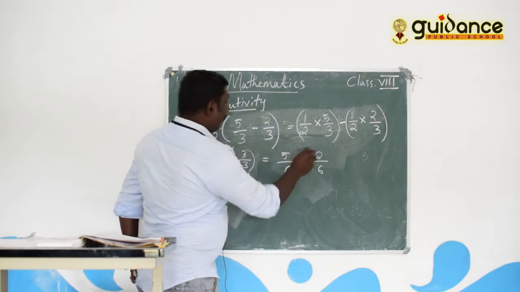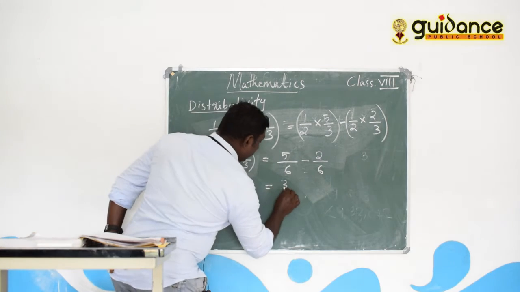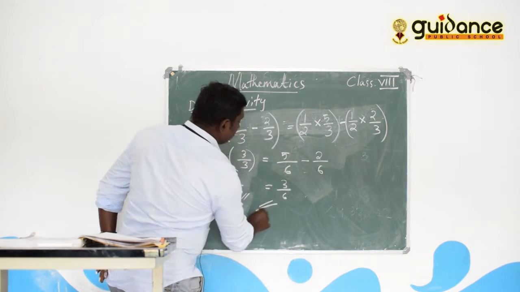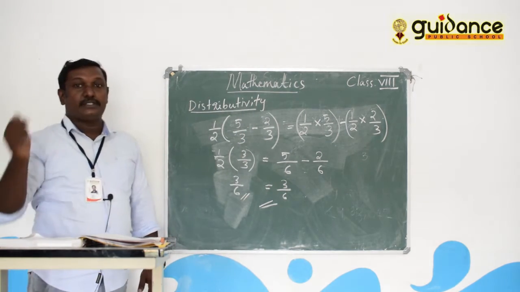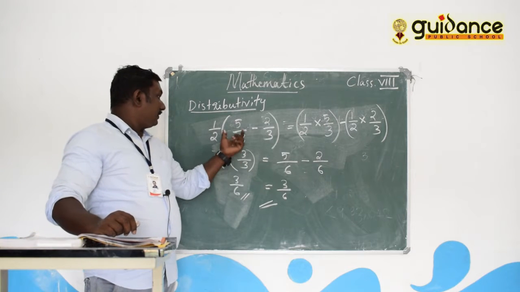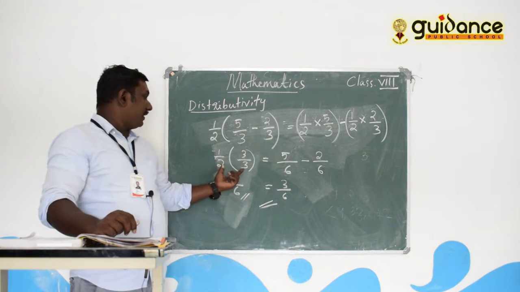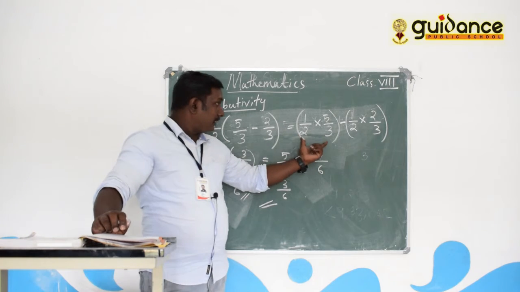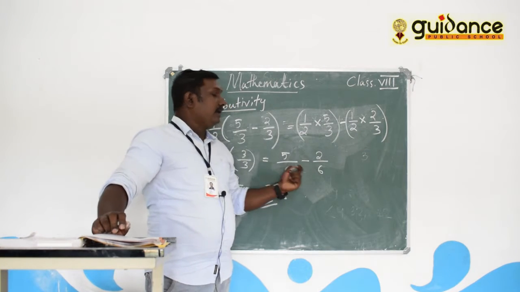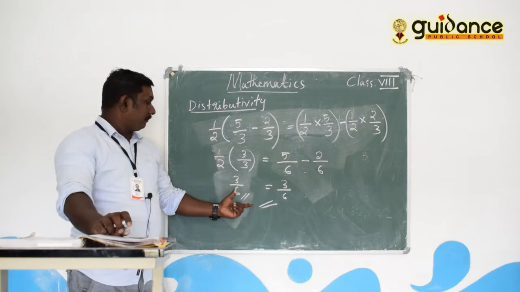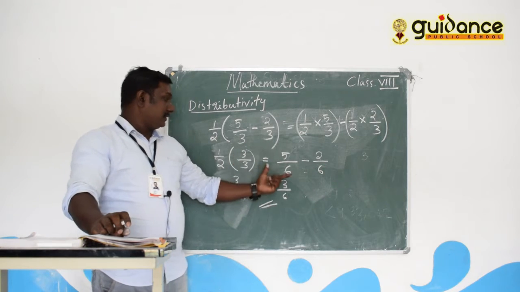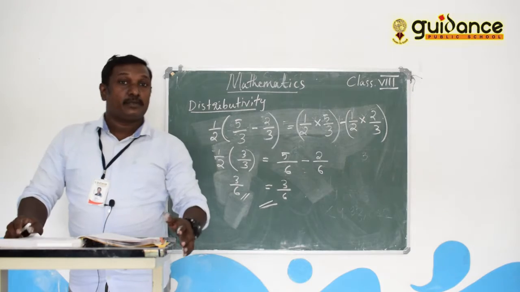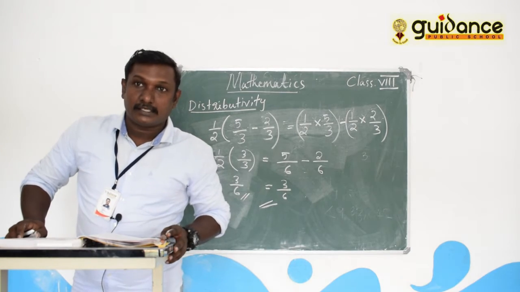It is equal to 3 by 6. Do you understand the addition and the subtraction of distributivity? Look here, firstly we subtract, after that we multiply by the 1 by 2 outside the bracket. Here we firstly multiply both numbers, then we subtract the answers. So do you understand the distributive property of rational numbers?